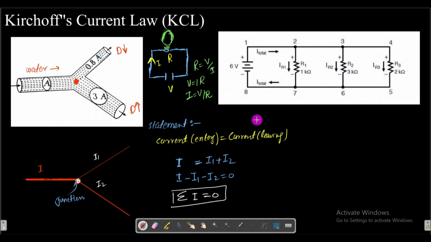Now we will apply KCL, Kirchhoff's current law, in this complex circuit. In this circuit we have a 6-volt battery, and 3 resistors are connected in parallel with this battery.